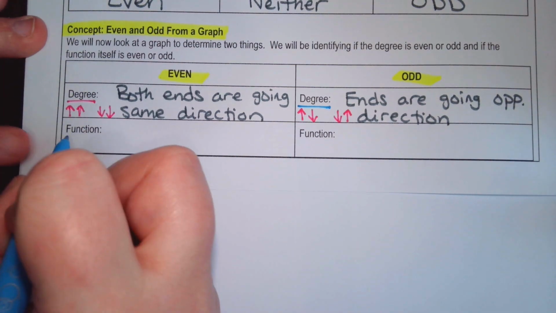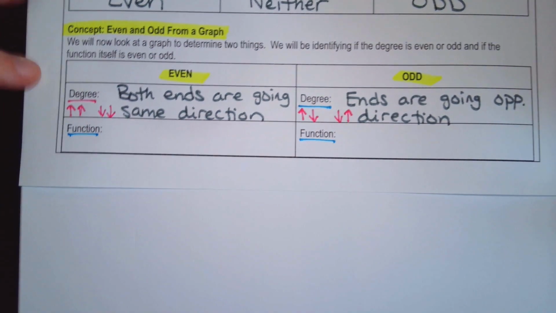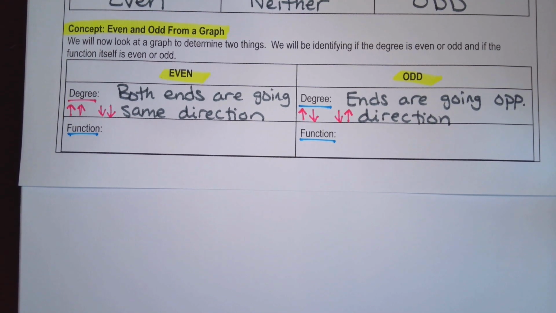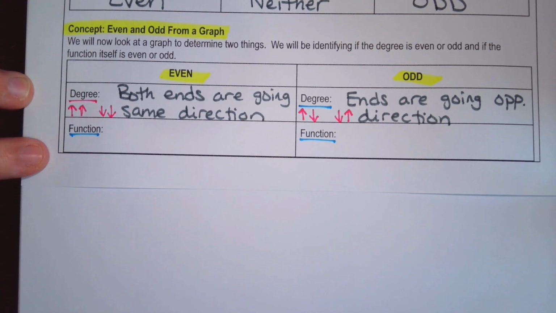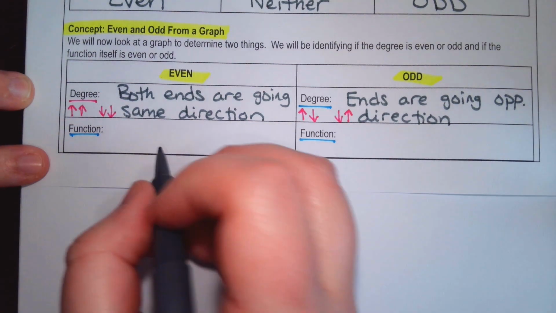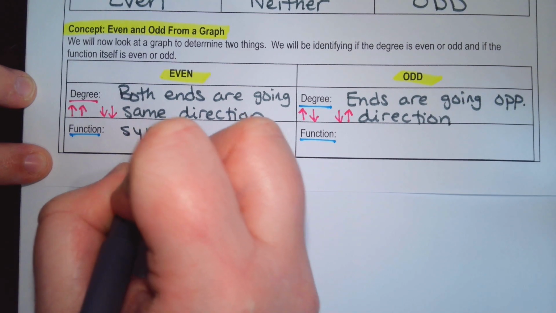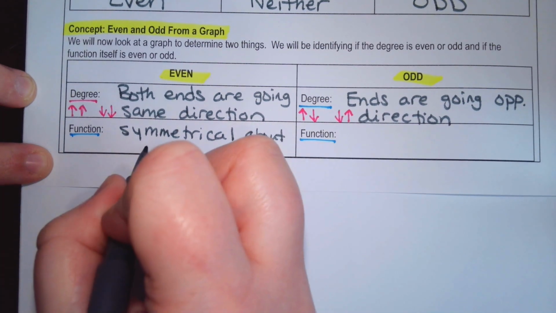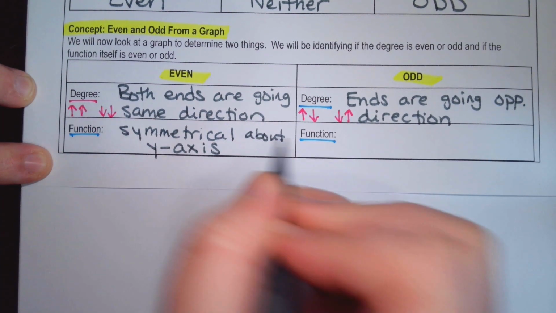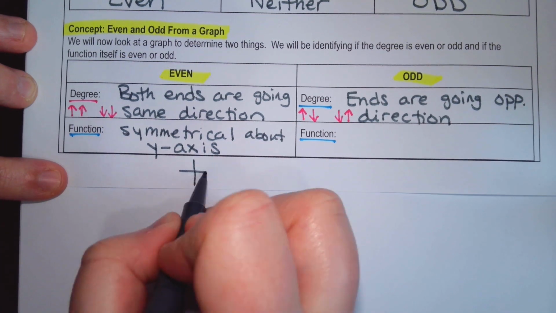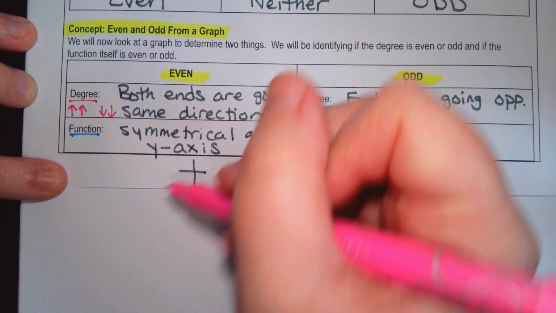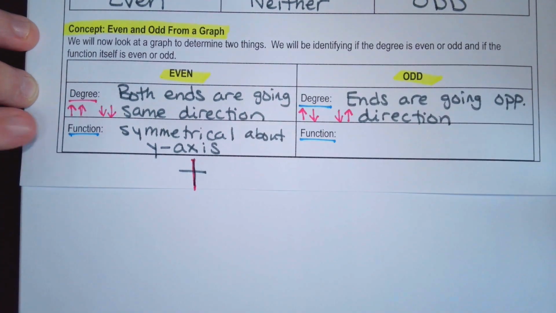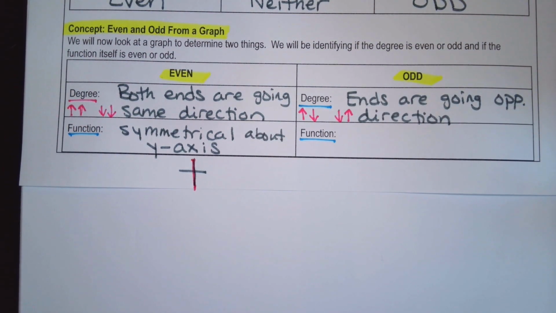Now let's talk about how to tell if the function is even or odd. We're identifying two things here: if the degree is even or odd, or if the function is even or odd. For the function to be even, it's symmetrical about the y-axis. That just means if we were to fold it in on itself, it's folding in around the y-axis.